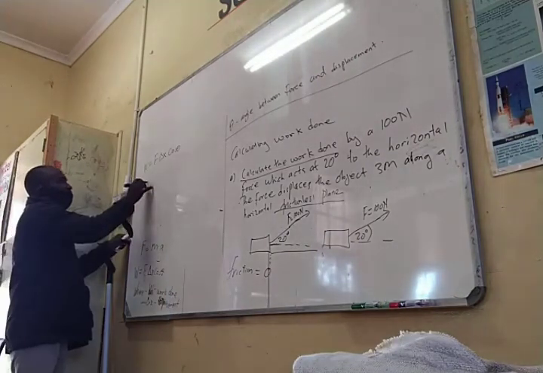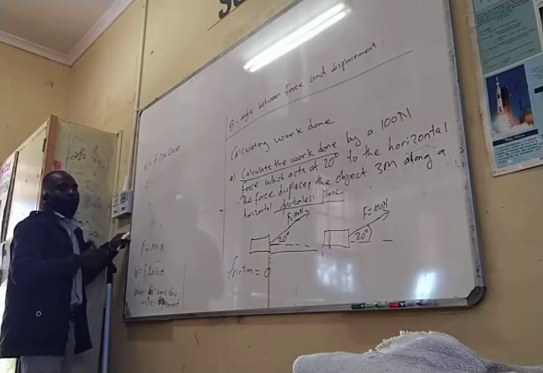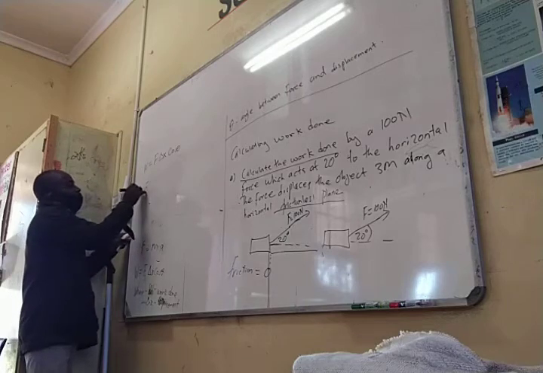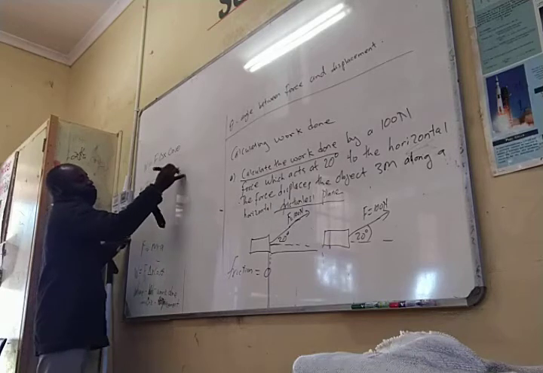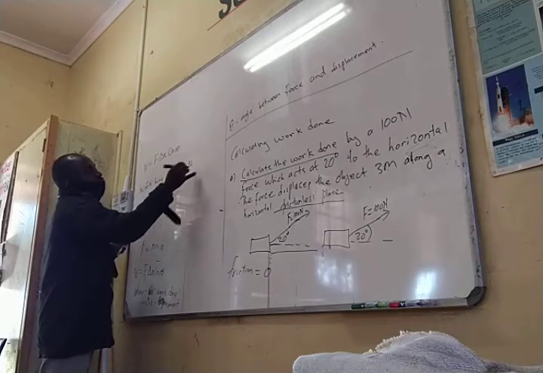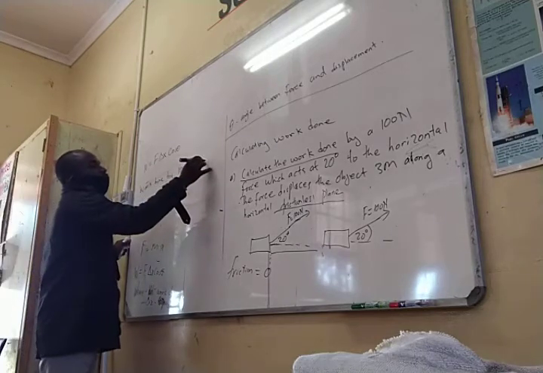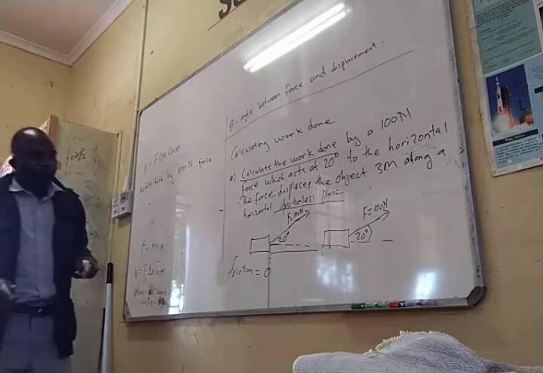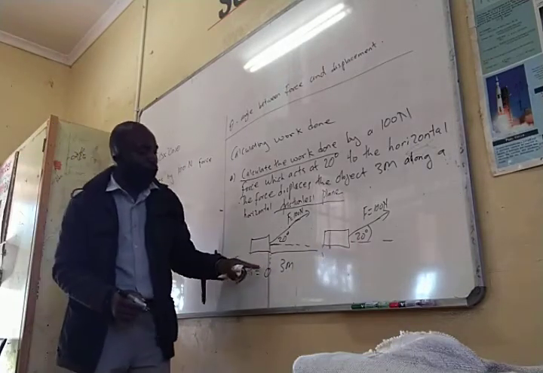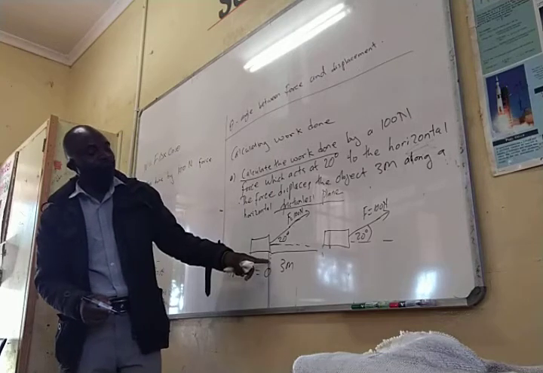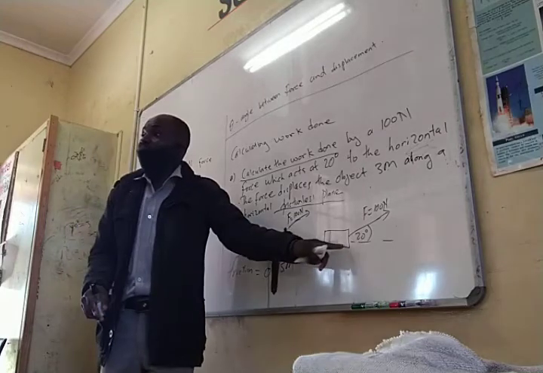So now, in this case, we need to find the work done by 100 Newton. So, if you check before you go any further, the object moves from this point here, it moves for 3 meters. That's why you find it's here, and then secondly, you have it here.